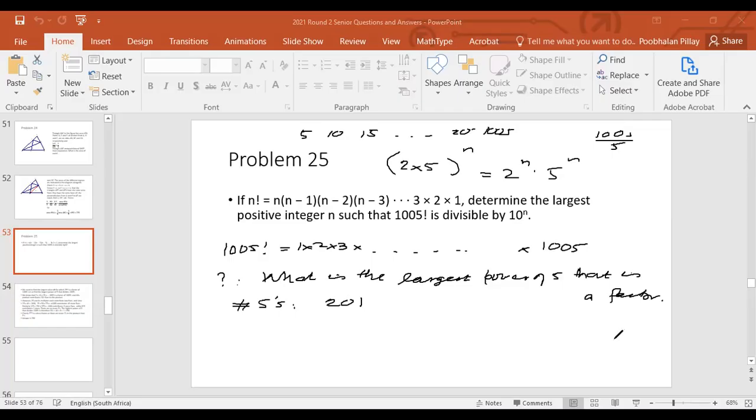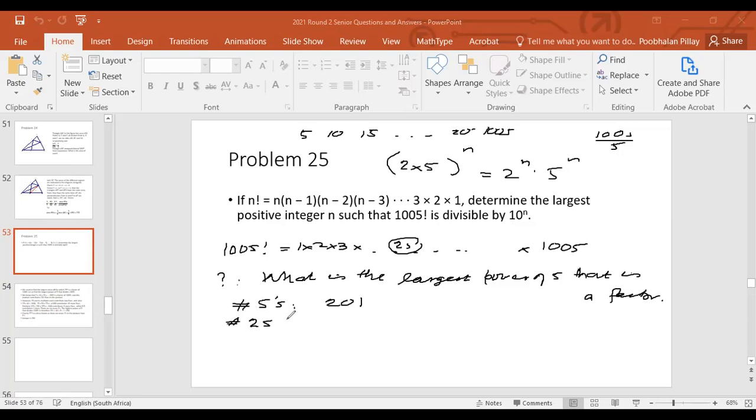But we have to be a little bit cautious here, because some of these numbers have got more than one 5. A number like 25, for instance, contributes 2 5s, but we only counted it once in this 201. So we need to count the extra 5s which occur in multiples of 25.